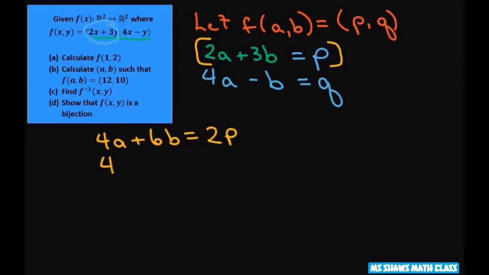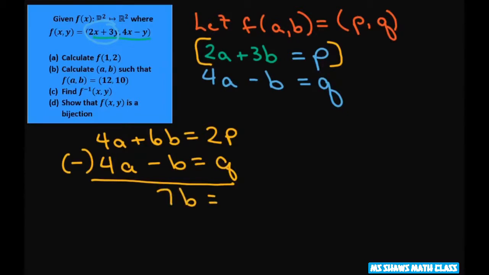And then you have 4a minus b equals q. So what you get when you subtract both of these, you're going to get 7b equals 2p minus q. So your b is going to be 2p minus q divided by 7.